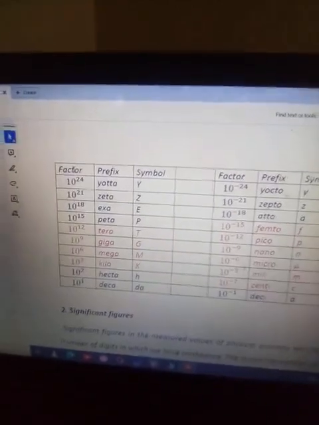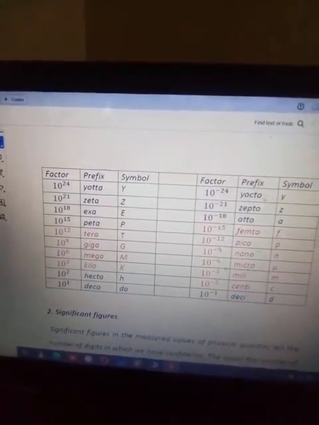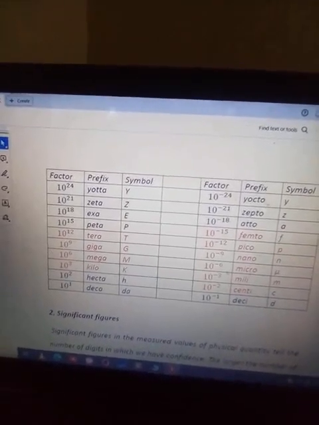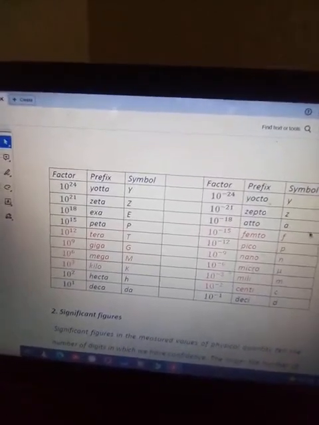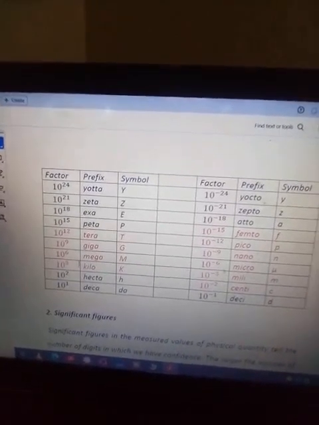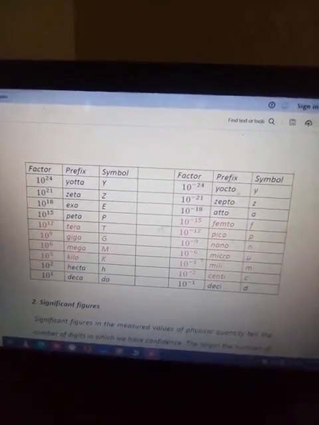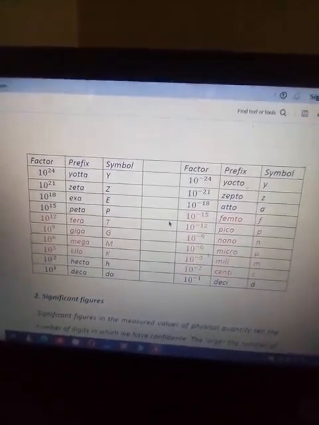You have a factor, a prefix, and a symbol. Those shown in red color are the most used ones, so you should start with mastering these. You will see how these prefixes are used in calculations.